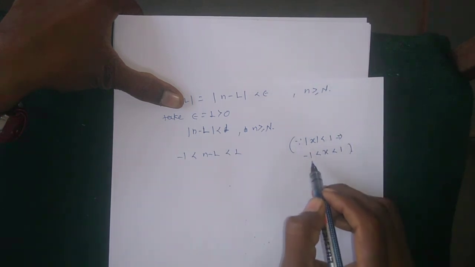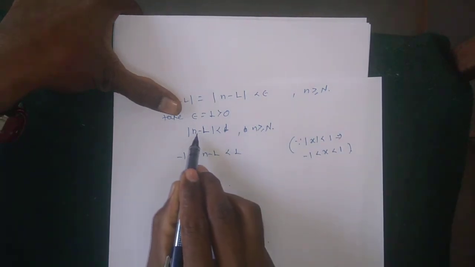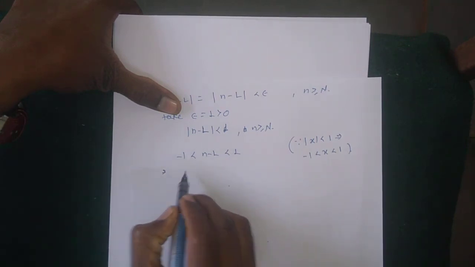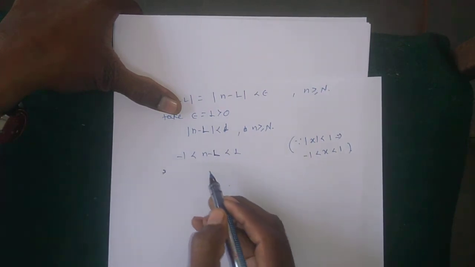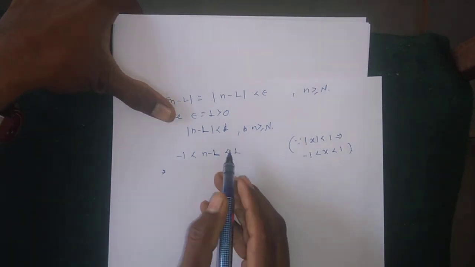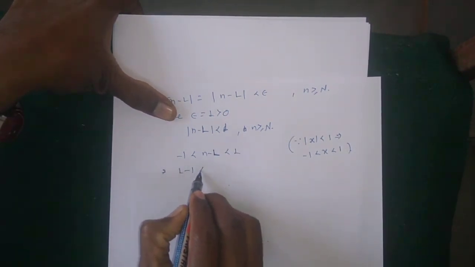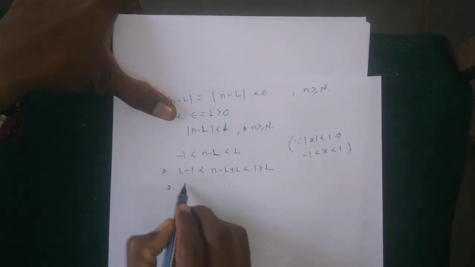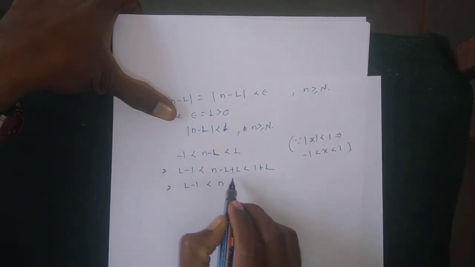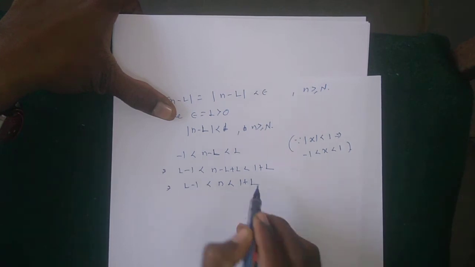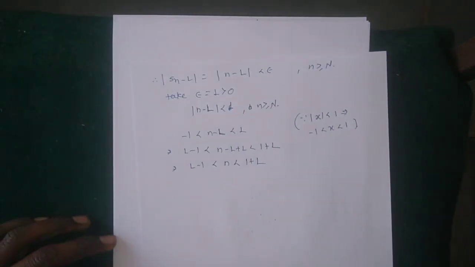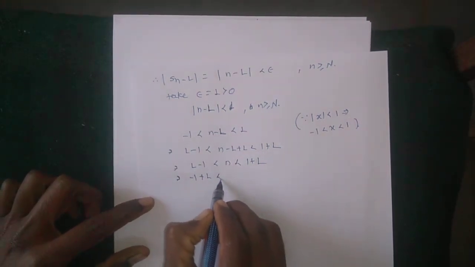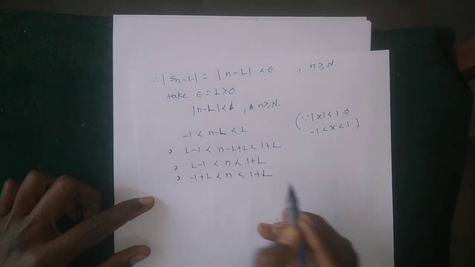Adding L on both sides, we get L minus 1 is less than n minus L plus L is less than 1 plus L, which implies that -1 plus L is less than n is less than 1 plus L.